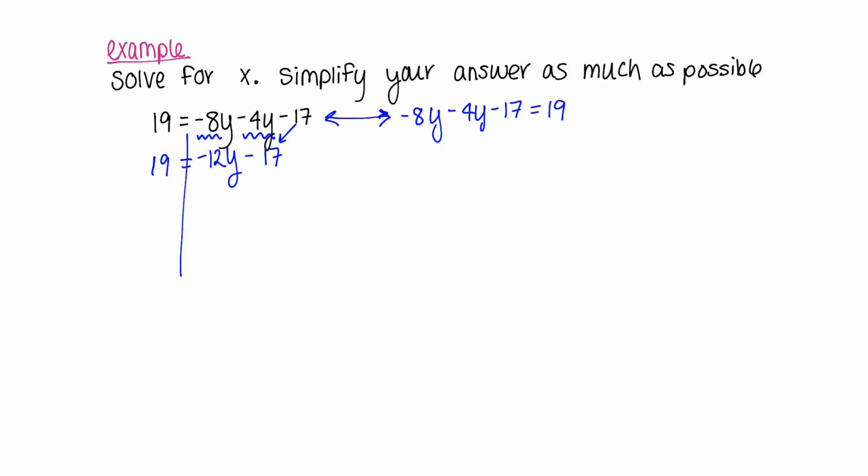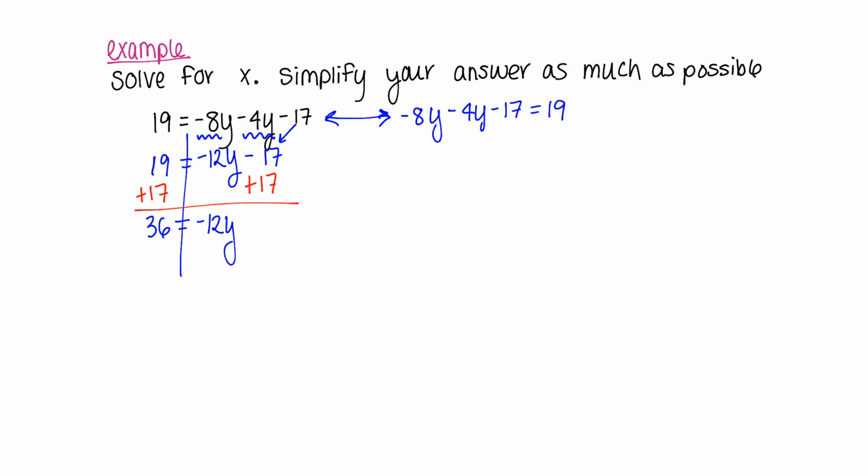Now I want to get this negative 12y by itself, so I want to get rid of the negative 17. He's the party crasher. So I'm going to add 17 to both sides here. That's going to give me 36. Let's check my calculator. Okay, just had a moment of doubt. 36 is equal to negative 12y.